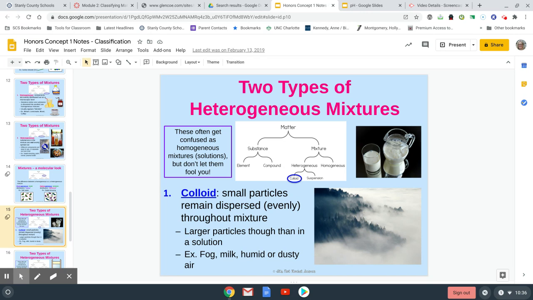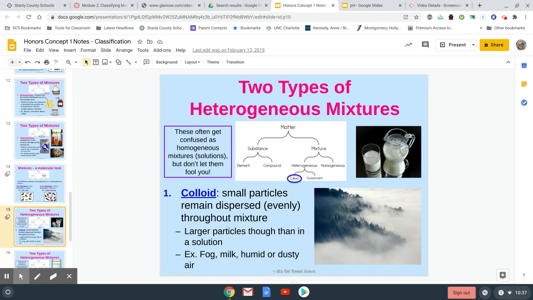And so there's also a colloid. A colloid is considered heterogeneous, and sometimes you want to lump them into homogeneous, like milk is the same throughout. But typically with a colloid, you can't shine light through it; it's called the Tyndall effect.